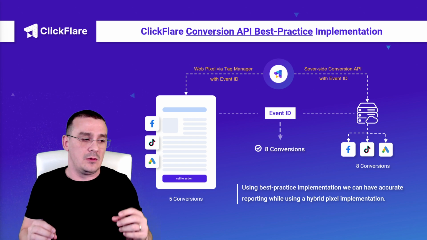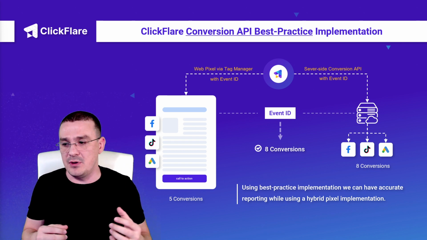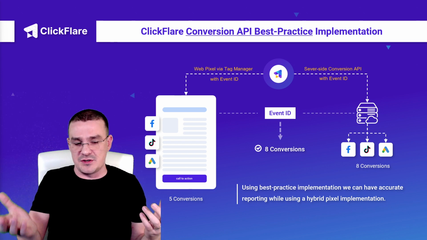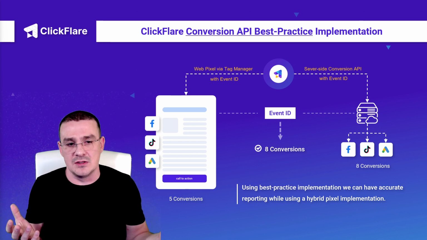So in this scenario, we can have in parallel the web-based pixel and the conversion API, just like any other tracker is doing.